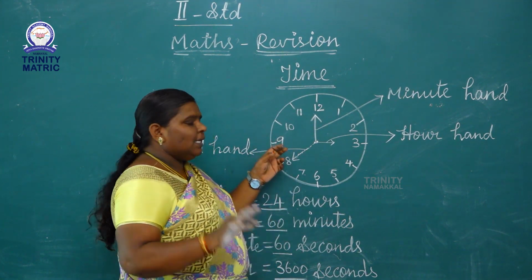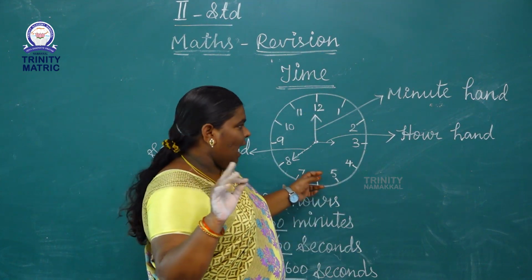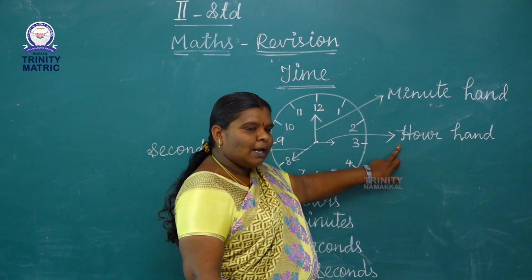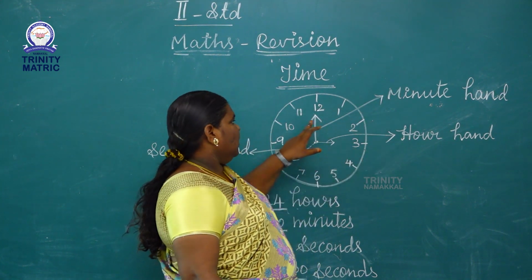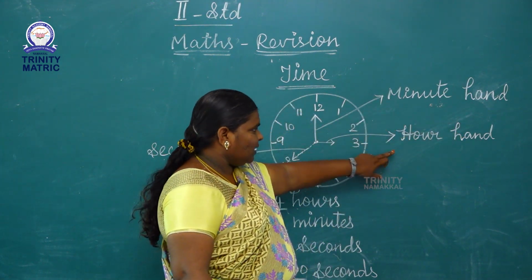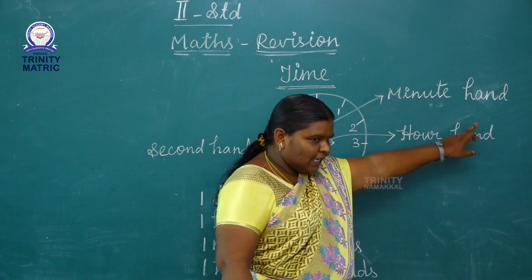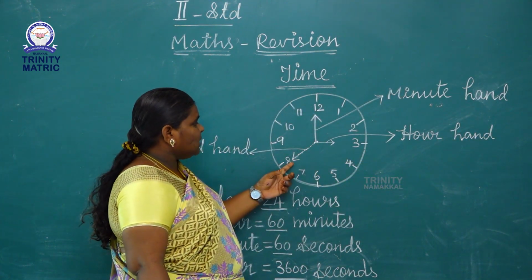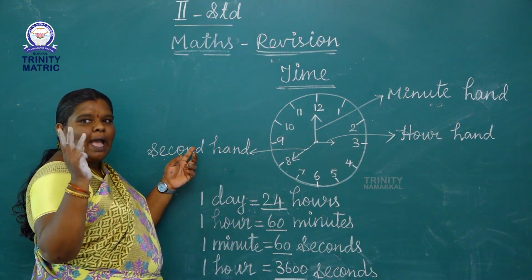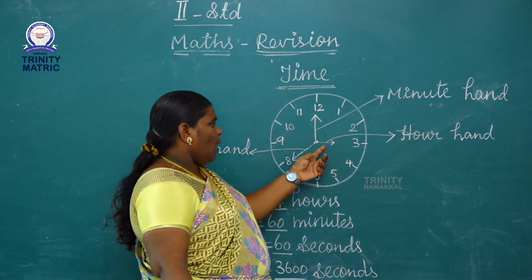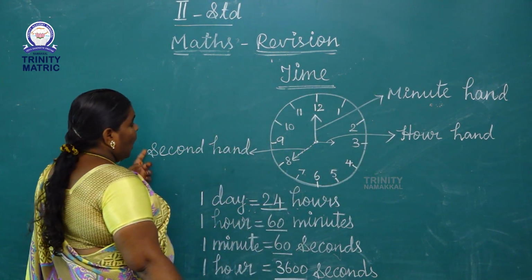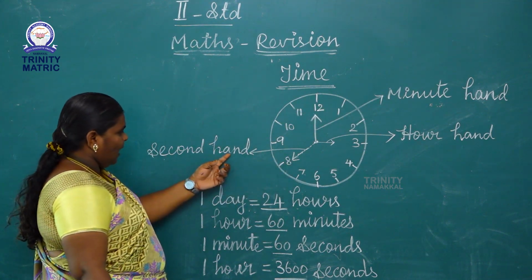See, there are 3 types of hands in our clock. The small hand is the hour hand. The big hand is the minute hand. Another hand in your clock is the second hand.